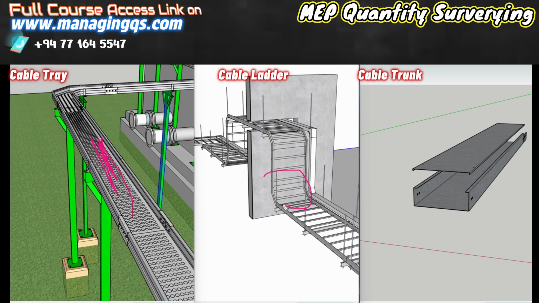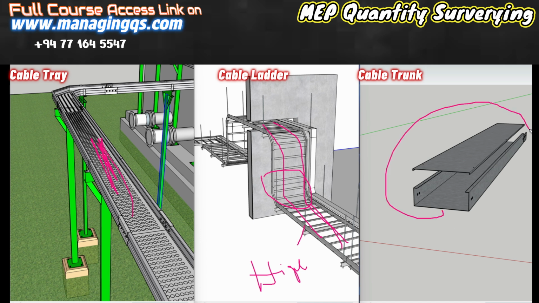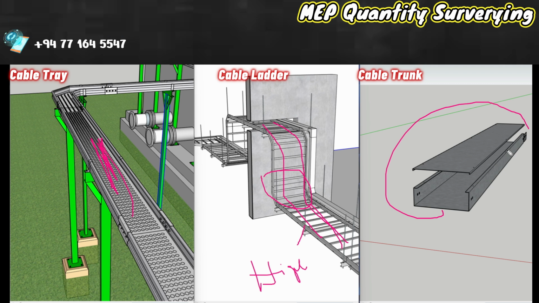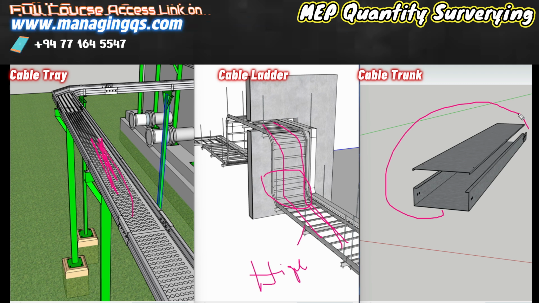The cable ladder can be used for high weight cables; huge weight can be installed on top of the cable ladder. The third one, the cable trunk, generally carries only very low weight cables.